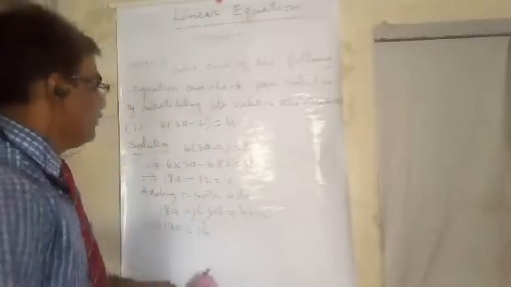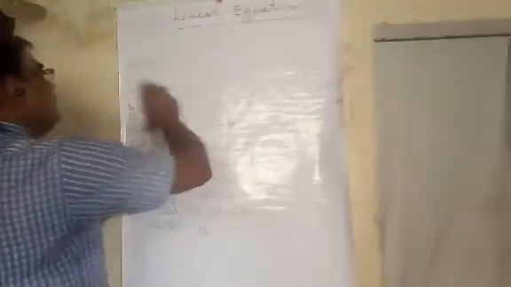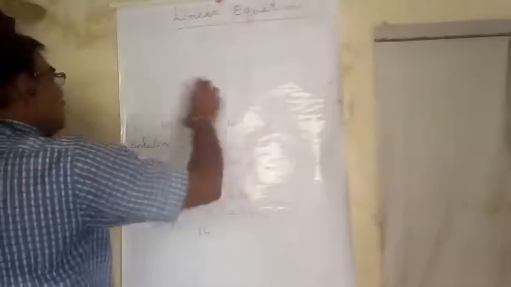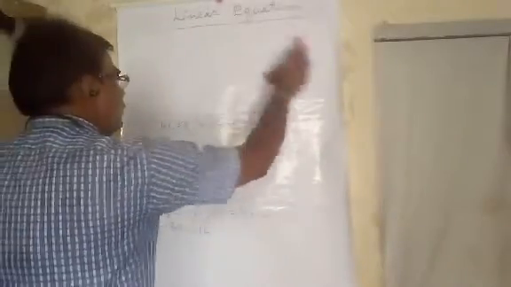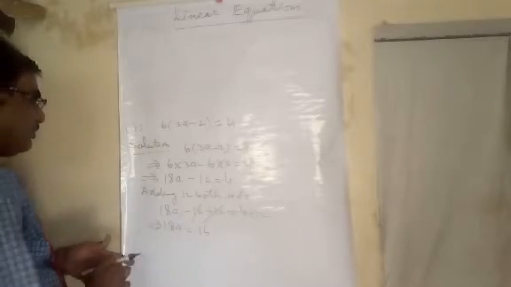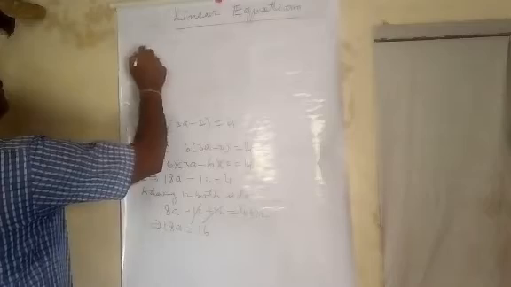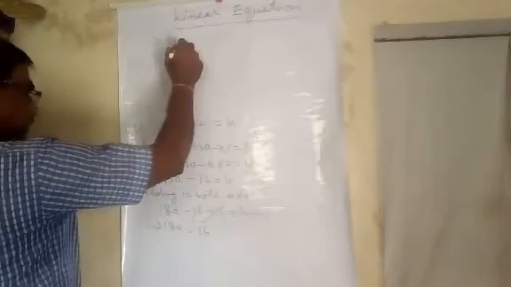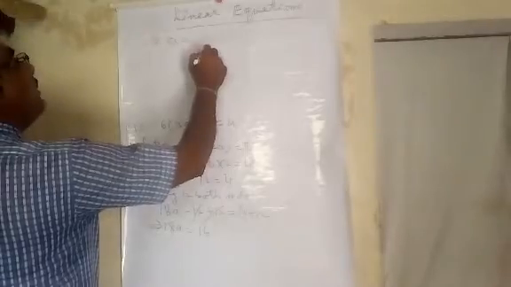Now 18a equals 16, therefore a equal 16 upon 18.